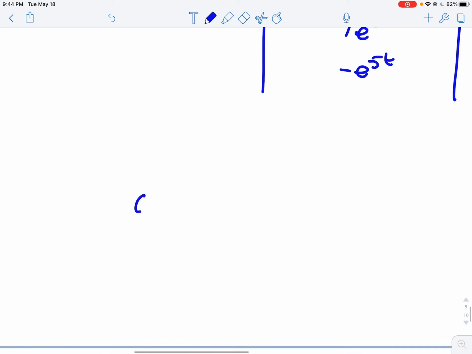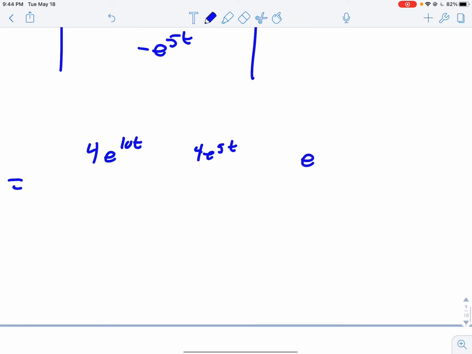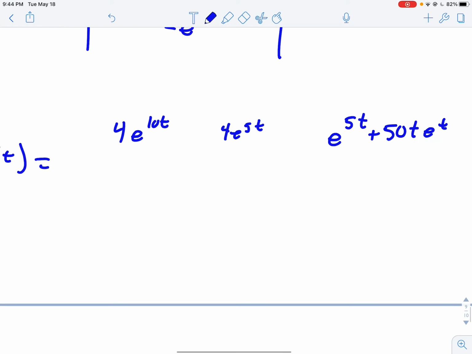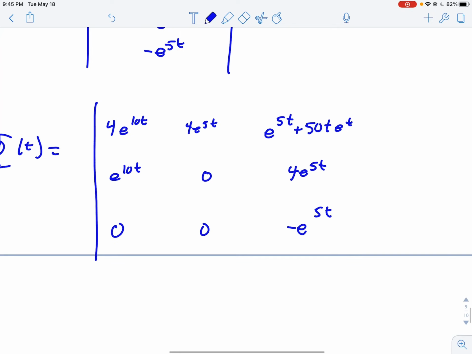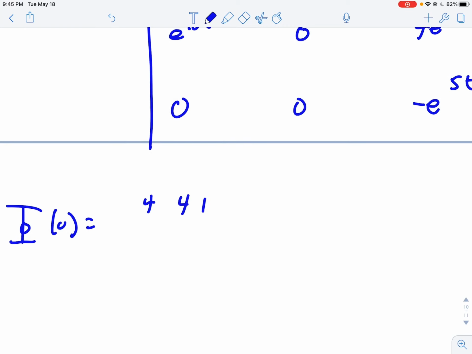So now we can write our fundamental matrix, which is 4e to the 10t, 4e to the 5t, e to the 5t plus 50t e to the 5t, e to the 10t, 0, 4e to the 5t, 0, 0, minus e to the 5t. And then we want to evaluate this at 0, which ends up being 4, 4, 1, 1, 0, 4, 0, 0, minus 1.